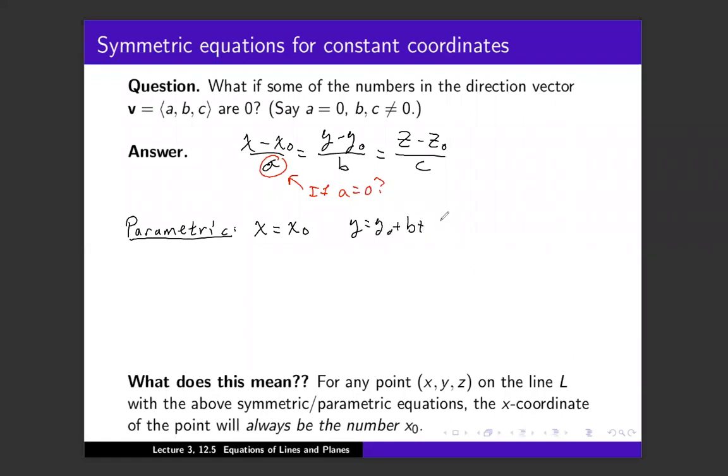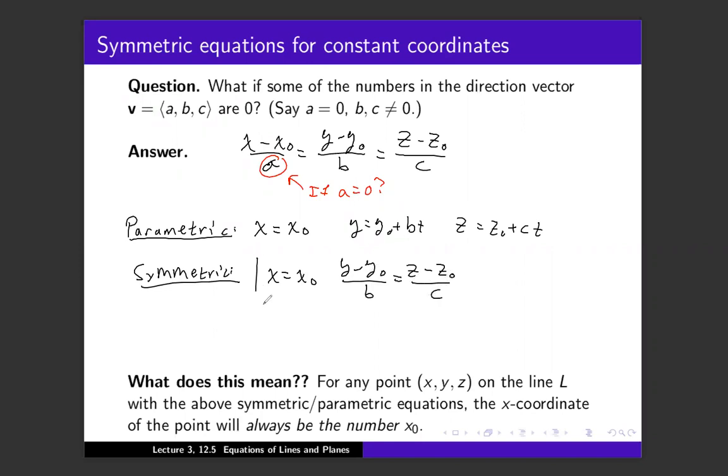That's still the case if b is not 0. z equals z naught plus ct. For symmetric equations, this is x equals x naught, y minus y naught over b equals z minus z naught over c. So these are our new symmetric equations, and these are our parametric equations.